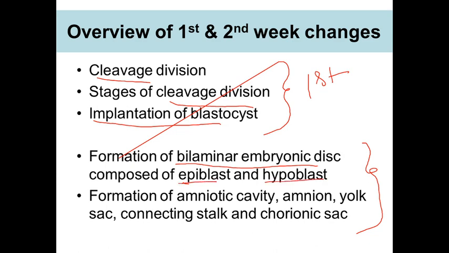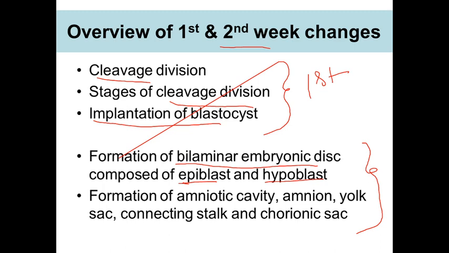Once the blastocyst is formed, it has an inner cell mass and an outer cell mass. The inner cell mass will form the embryonic disc and the outer cell mass will form the trophoblast. These are the changes that occur in the second week of the intrauterine life.